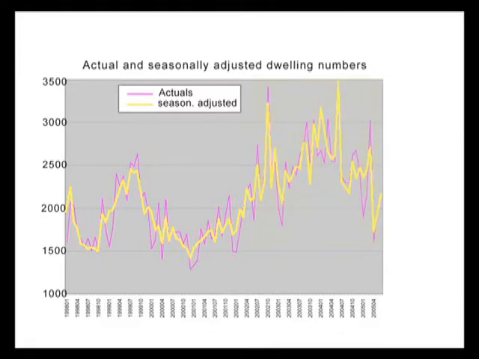The interesting thing about this series is that the process behind getting the data is the thing that's driving this series. In this very high October in 2002, there was an extraordinary number of consents issued for new dwellings.